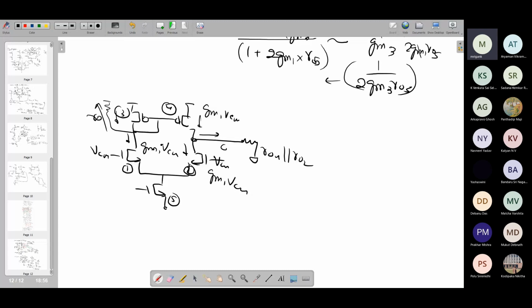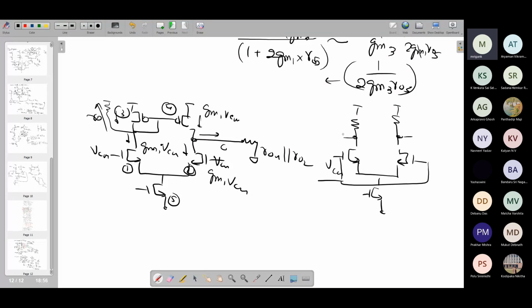But if you look at this carefully, if we talk about the other previous circuits with fully differential output, how did we define the common mode gain? Common mode gain was defined from this output, V out CM.